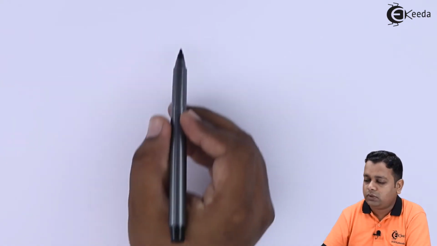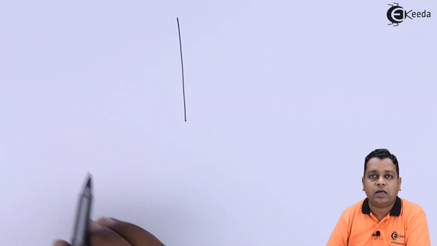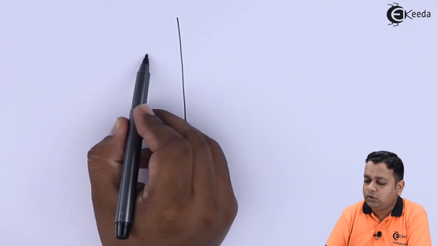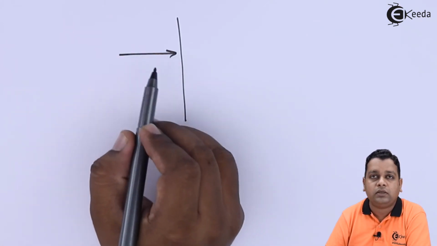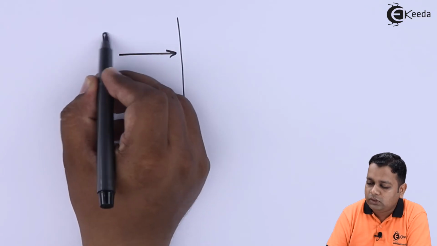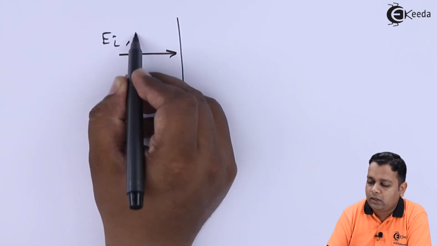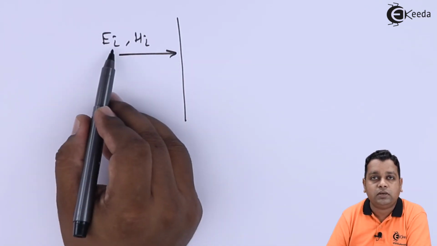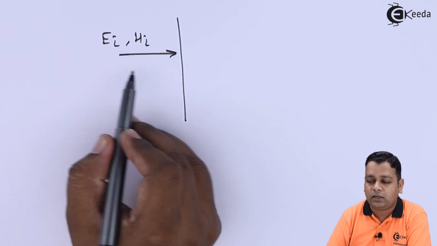Or else if you consider this line as a boundary, into medium one we shall be writing the incident wave. So here we can write E suffix I, H suffix I, the incident electric wave and incident magnetic wave.